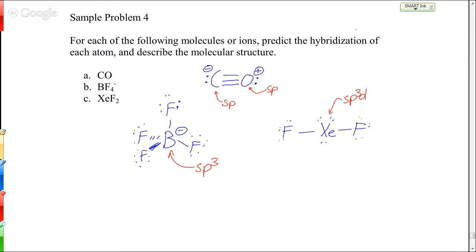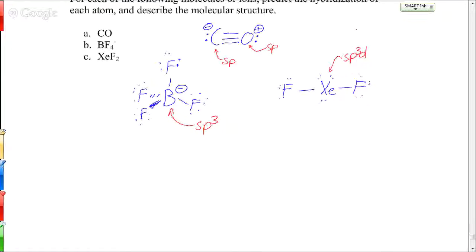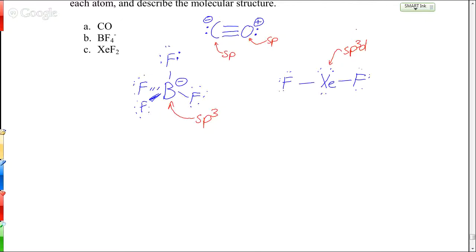We can figure this out by going back to that original structure. If it's trigonal bipyramidal, that means we've got a xenon in the middle with 5 bonds coming off of it like that. So we want to distribute this so that the 3 pairs of electrons are as far away from each other as possible. And the way to do that is to put them all on the corners of this triangle.